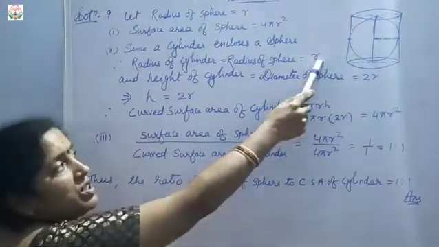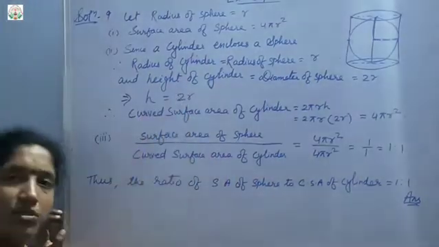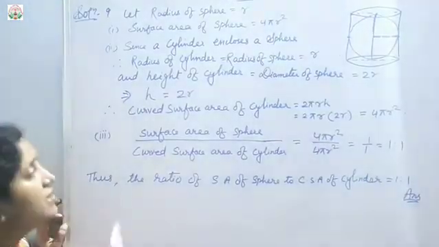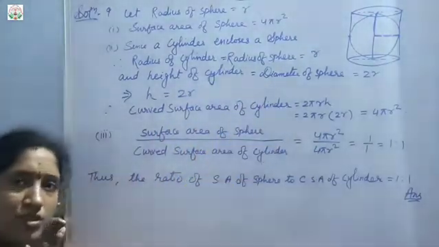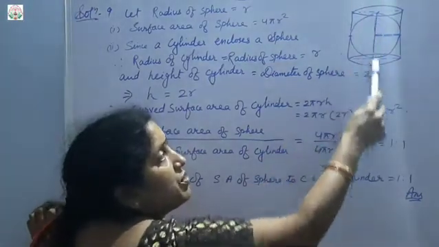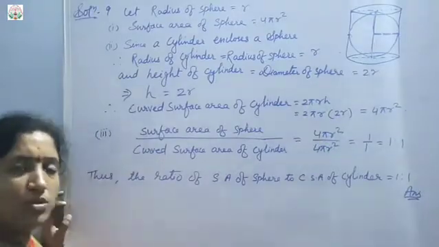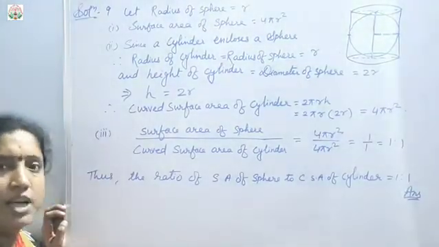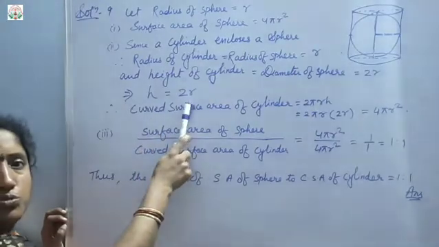Already we have assumed the radius of the sphere as r, so the radius of the cylinder also will be r. Now, the height of the cylinder will be the diameter of the sphere. So the diameter of the sphere will be 2r, because if the radius is r, the diameter will be 2r. So h equals 2r.